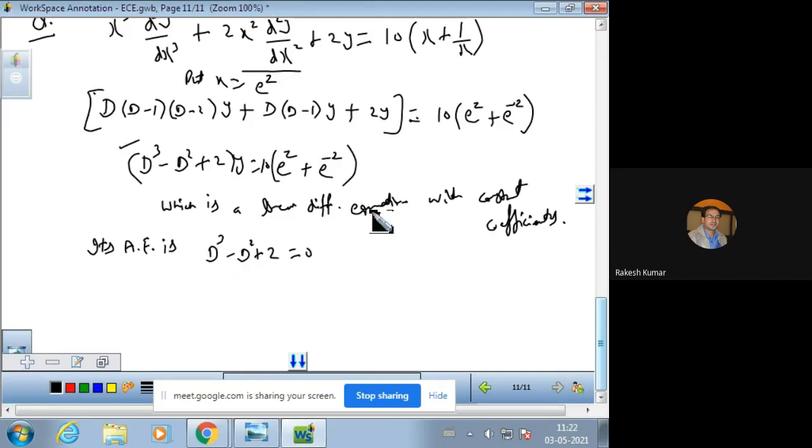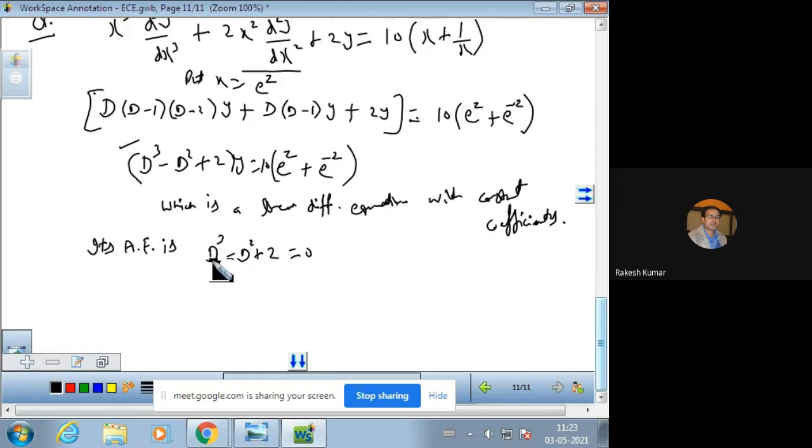This is a cubic equation, so the first root is found by trial method. You need to put D the first value. The very first value is 0. When you put 0 in place of D, 0 will not satisfy because you will get 2 equal to 0, which is not possible. Then you put D equal to 1.